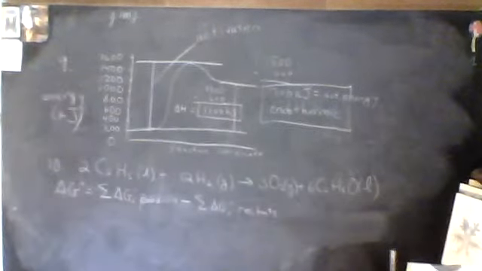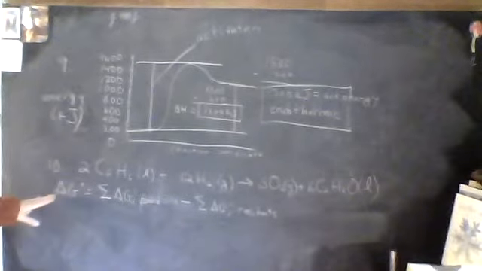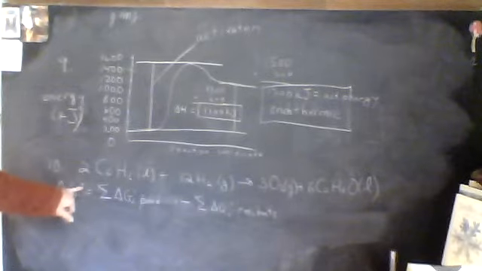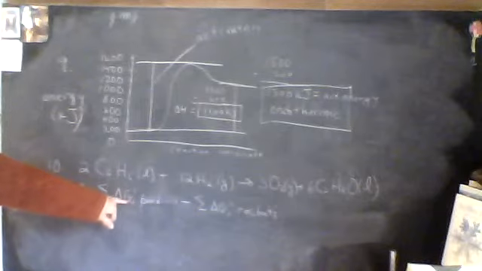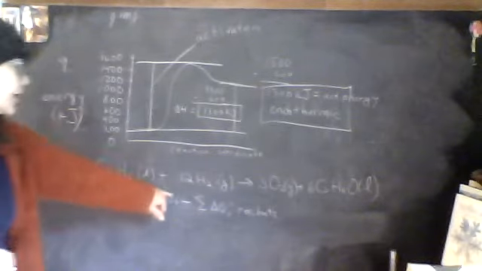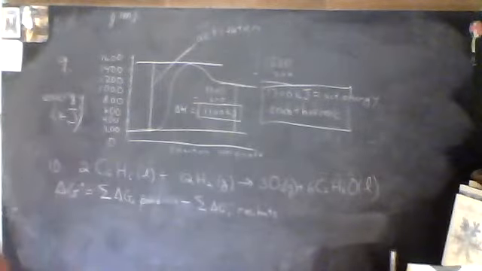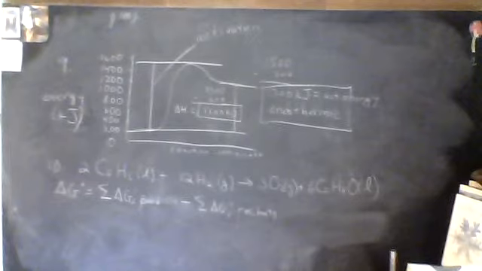Okay, so we say the standard delta G is the summation of the standard delta G of formation of the products minus the summation of the standard delta G of formation of the reactants. So what are these things? How can we calculate this?